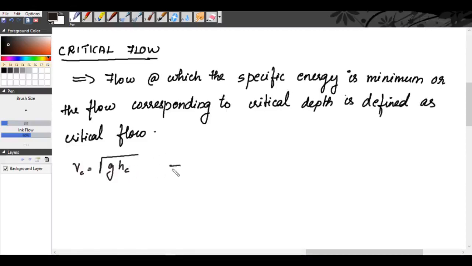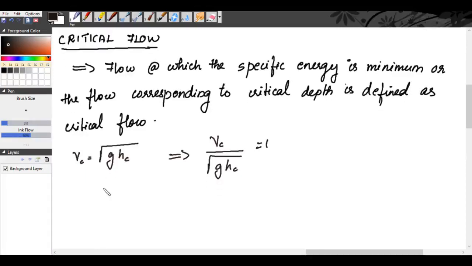So from this we get Vc by square root of g into Hc is equal to 1. And this Vc by root of gHc is called Froude number.